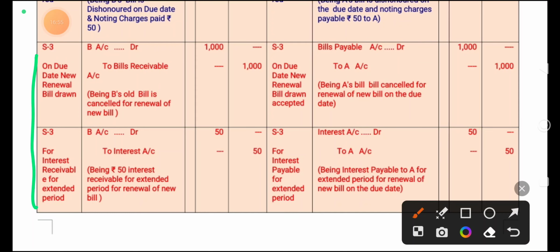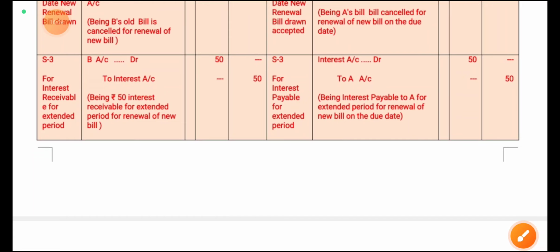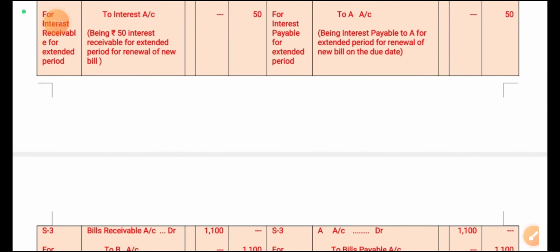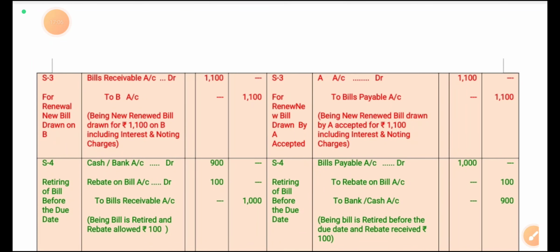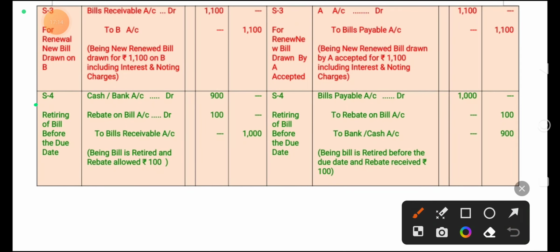In case of renewal there will be 3 journal entries. One is cancelling the old bill, next one for interest due, interest receivable and interest payable, and lastly when the new bill is drawn in place of the old bill. And finally situation 4, where the bill is retired before the due date. This is another journal entry.